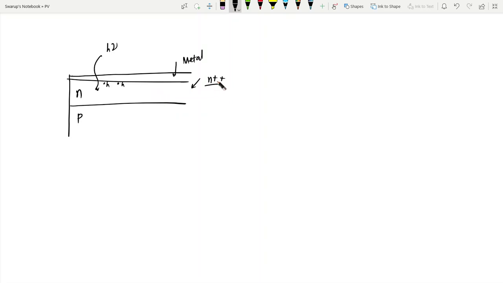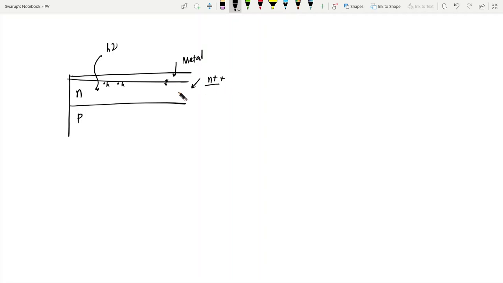One reason we are doing N double plus is that we want to reduce the barrier height between the metal and the semiconductor, so we want to make it more ohmic in nature, more conductive, less resistive. We want to reduce the Schottky barrier height between this metal and semiconductor. That's why we're going for N double plus.